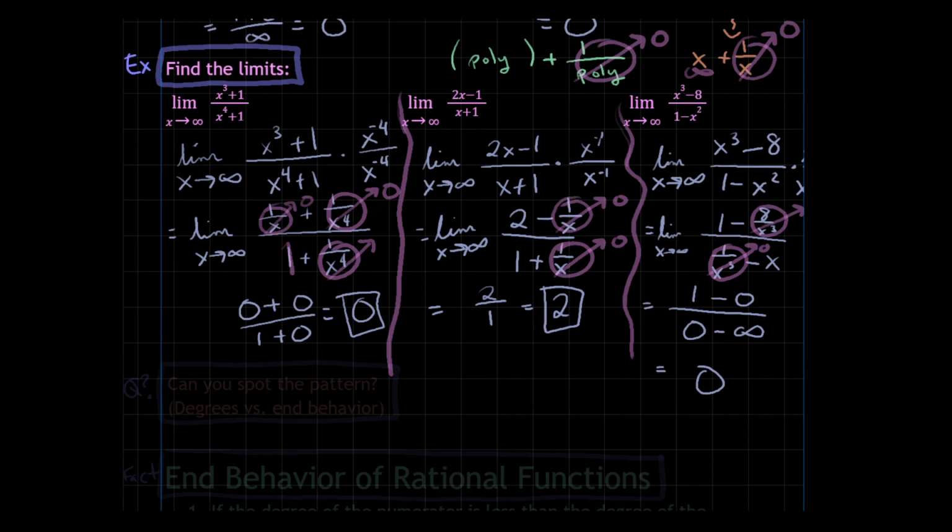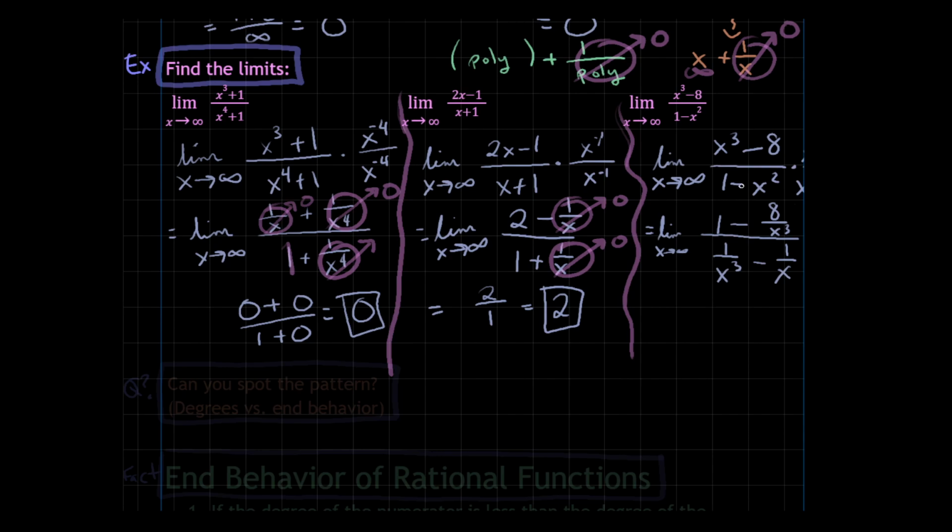Nope, sorry, actually I made a mistake. Let me go back a little bit. Okay, this is 1, this is 8 over x to the third, this is 1 over x to the third, and then x squared over x to the third is actually 1 over x.